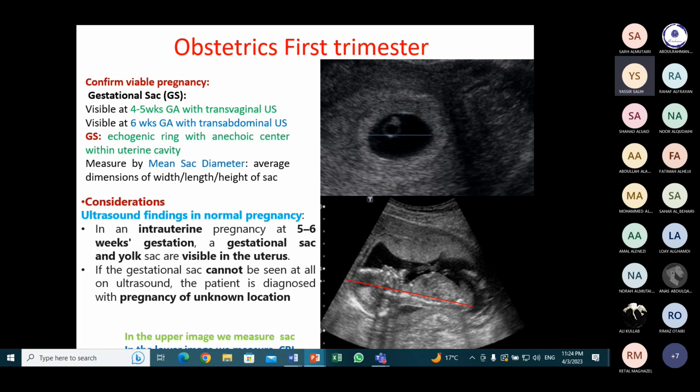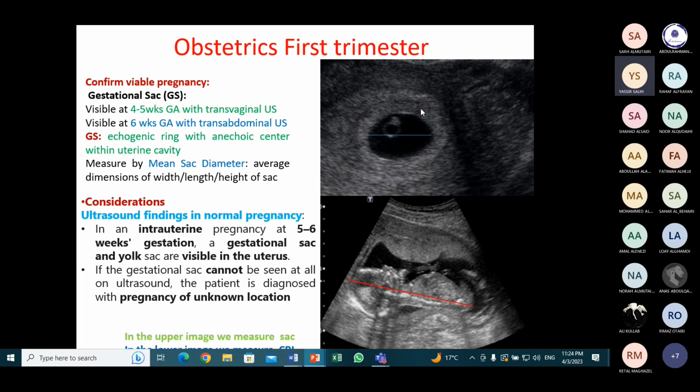It could be in ectopic areas. So any patient highly suspected of pregnancy by clinical presentation and laboratory findings without a gestational sac like this should be classified as pregnancy of unknown location.